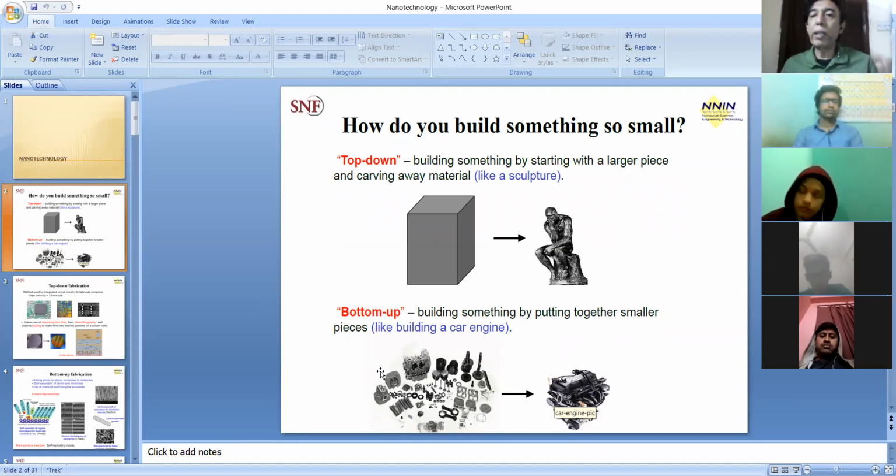It cannot be 100 atoms, it cannot be 200 atoms, it cannot be 300 atoms. So the main challenge is that we are arranging one atom after another, but where to stop? This is the main challenge. If we want to make a nanomaterial with 50 atoms, we have to stop at 50 atoms.